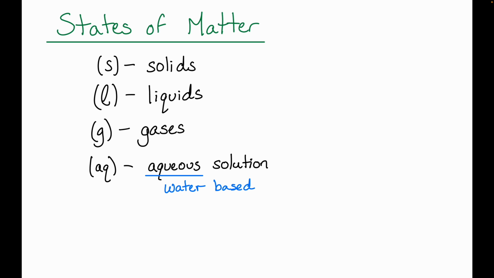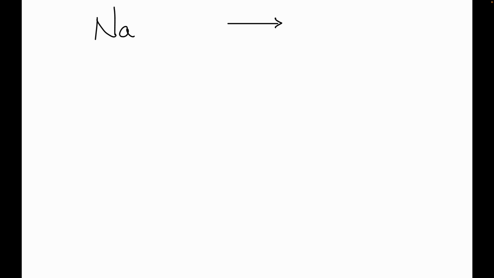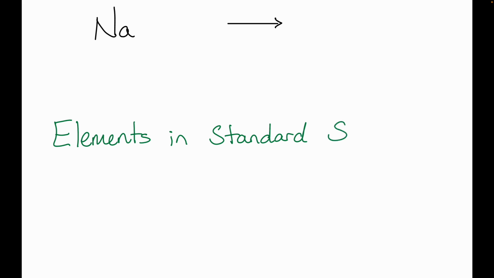So what do we think the black corresponds to? Solids. All right, cool. So these are the ones that are represented in black on our periodic table. Let's actually put this in a separate place. We want to be clear that we're talking about elements in their standard states. Okay.